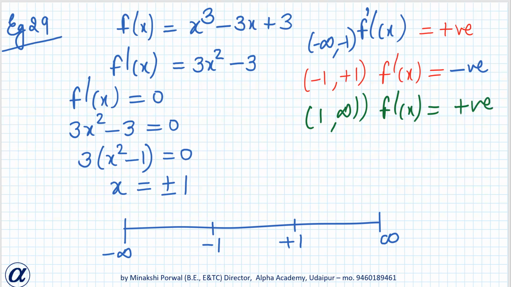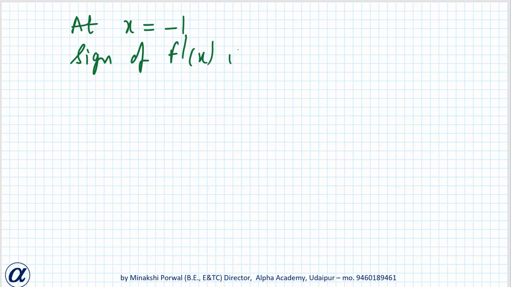So at x equals to minus 1, at critical point x equals to minus 1, the sign of f dash x is changing from positive to negative.